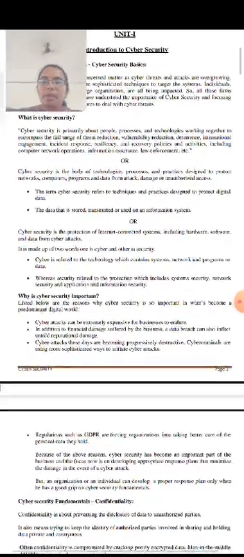Another definition: cybersecurity is the protection of interconnected systems, including hardware, software and data, from cyber attacks. It is made up of two words, cyber and security. Cyber is related to technology, which contains systems, networks, programs or data.